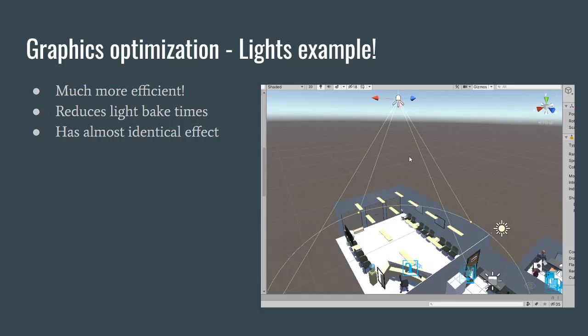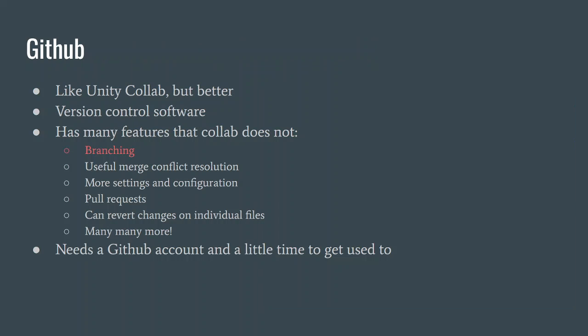You can use static lights that bake lights, so then you just pre-process all the lighting effects. It looks almost the same for all intents and purposes, and it's way more performant, I should say. So cool little tip. Hardly takes any work, and it makes a huge impact.